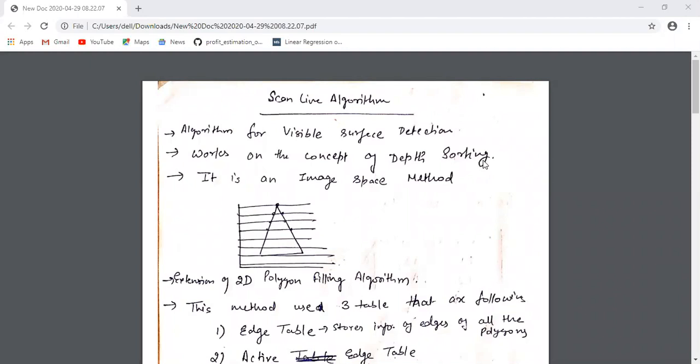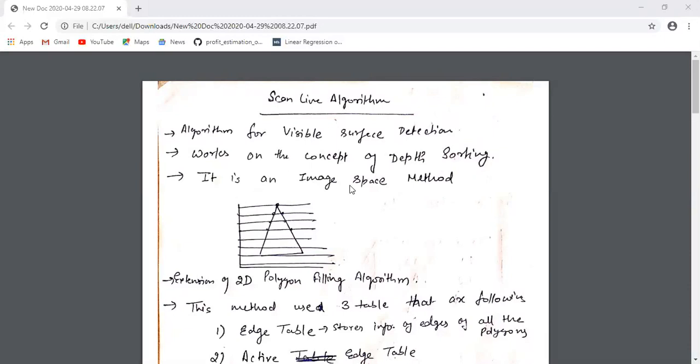We compare the depth values of every pixel at a certain position, and whichever pixel is closer, we render that particular pixel. So this also works on the concept of depth sorting. That means we will be using the Z coordinate for the pixel here.